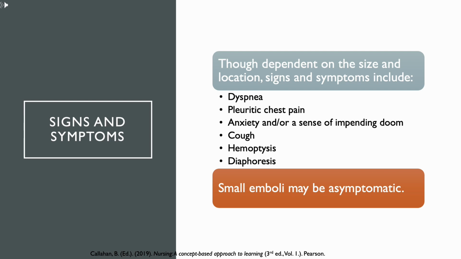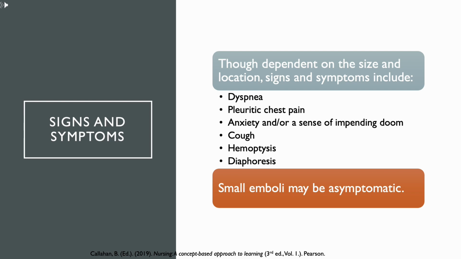And then sometimes patients will cough, and they could cough up blood, and they could also have a symptom of diaphoresis. And a lot of these symptoms mimic a heart attack. So that chest pain, that anxiety or sense of impending doom, the diaphoresis. So it's important that whenever a patient comes in and they have any of these, they get treated immediately to find the cause. That way they can be treated and hopefully have a much better outcome.